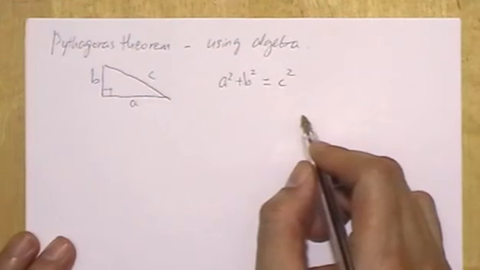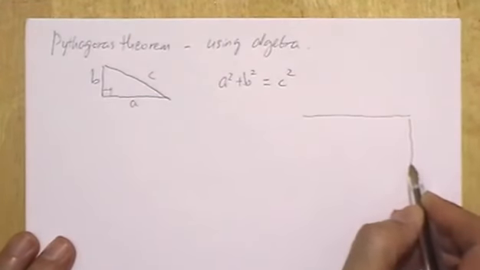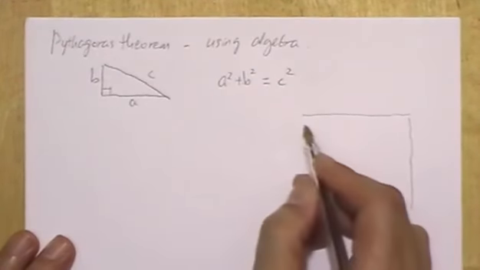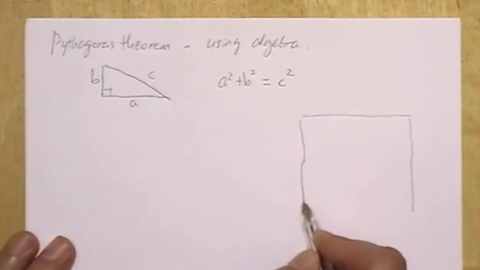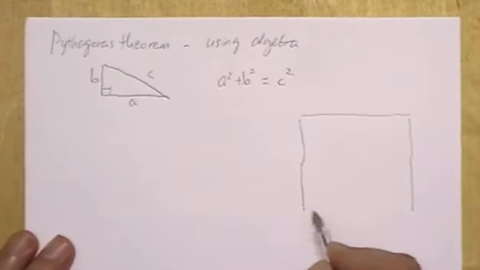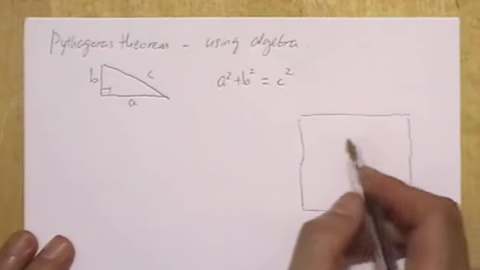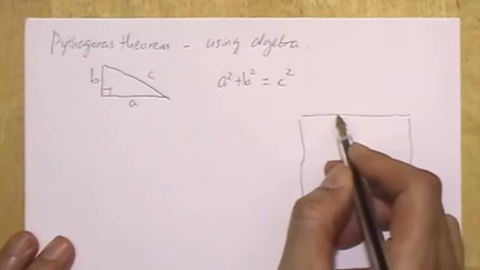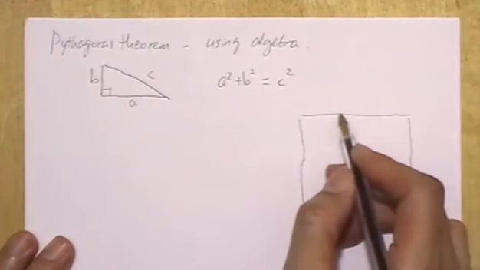Okay, so that means we have a big square, not a very nice square, and I fit 4 of these triangles into it.